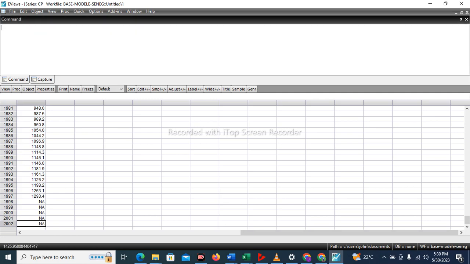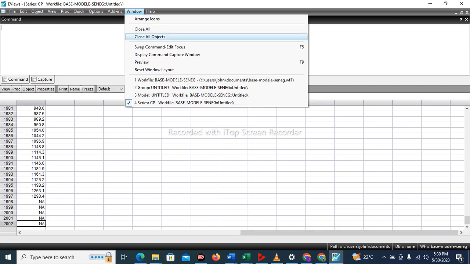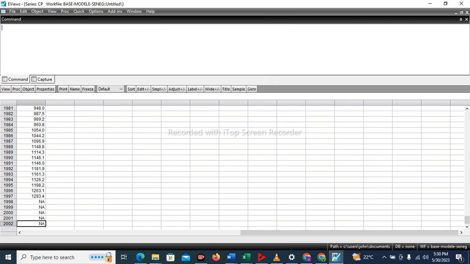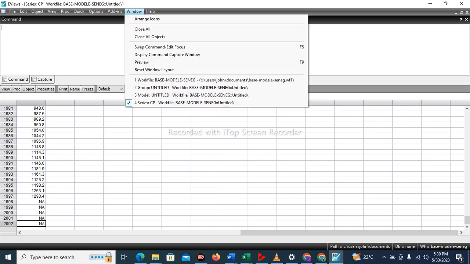Then let's go back to our original private consumption. Let's see how our model has solved private consumption. What do we need to do? We need to go to tile, arrange. We need to go back to this.